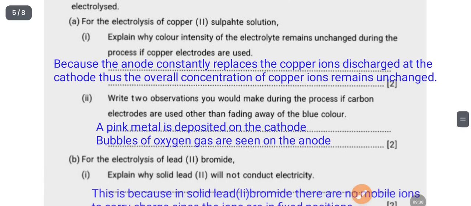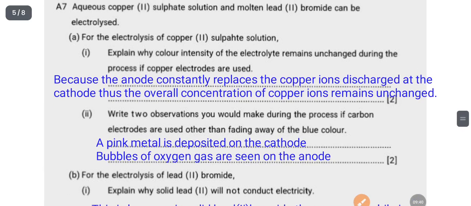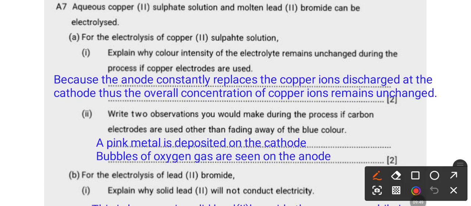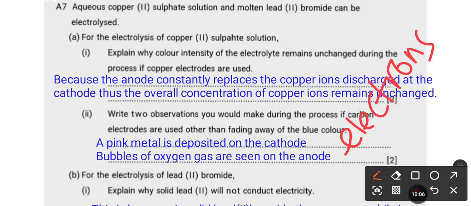Question b. For the electrolysis of lead(II) bromide, explain why solid lead(II) bromide will not conduct electricity. Remember, electricity can only be conducted by charge carriers. The two examples of charge carriers that we have are electrons and ions.